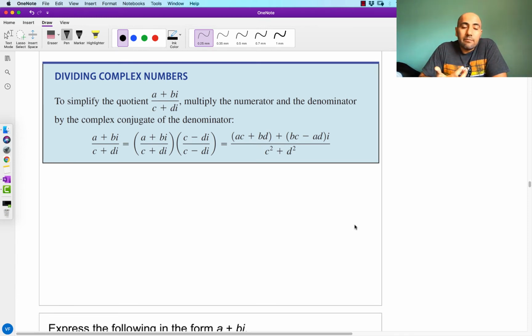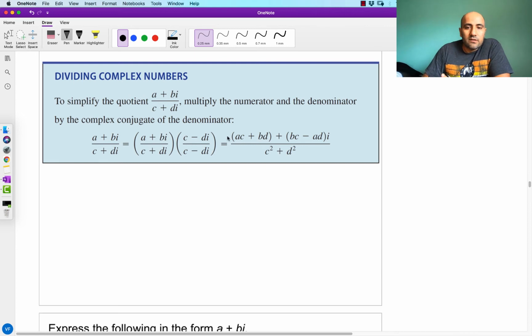Now, the numerator might end up being something a little more complicated, but it will simplify to be some form of a complex number. And then you'll be able to break up the final result into two different fractions such that we have a number written again in complex form.